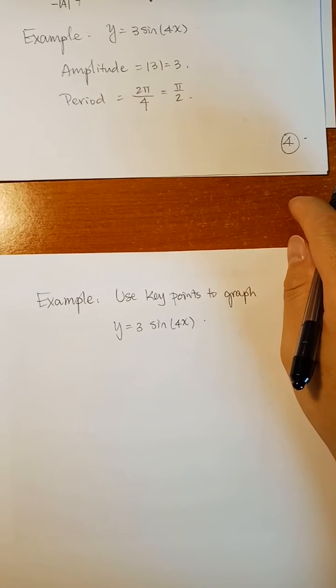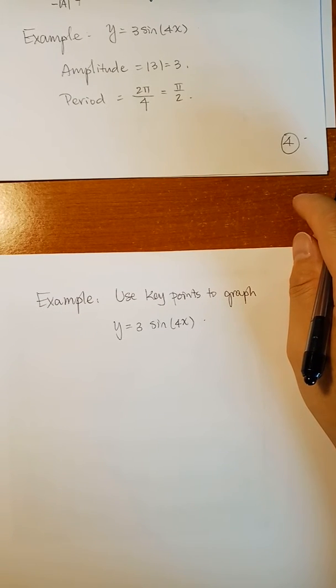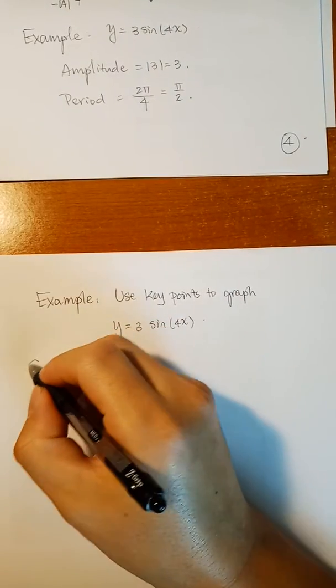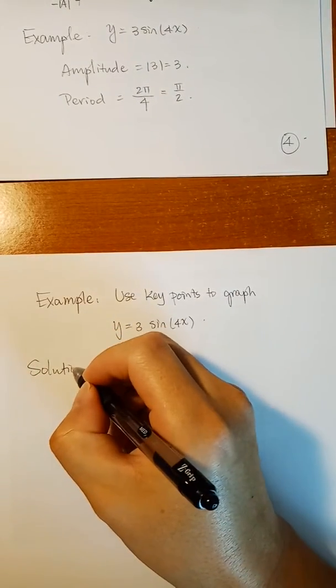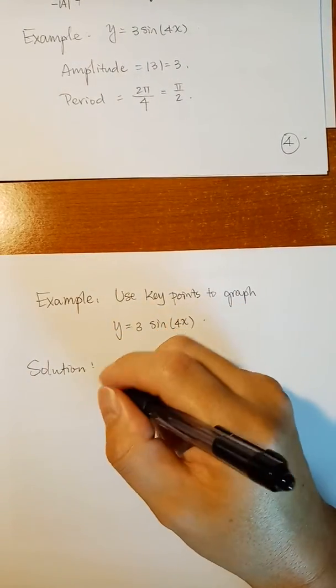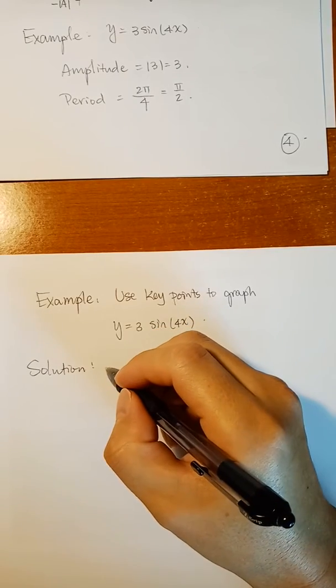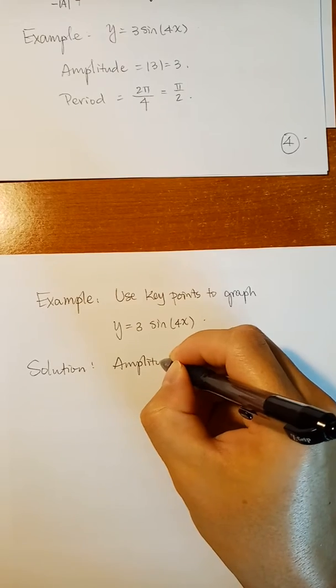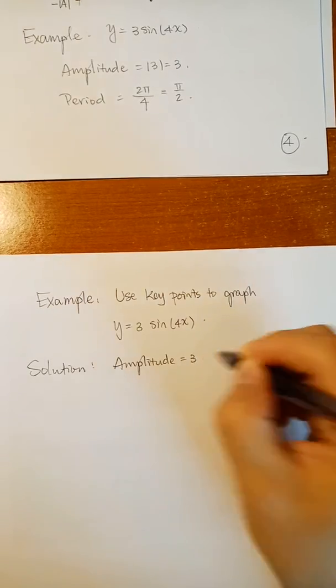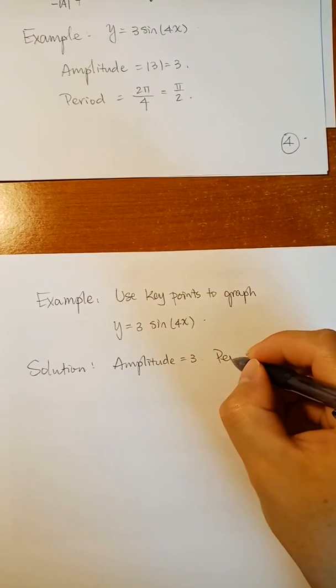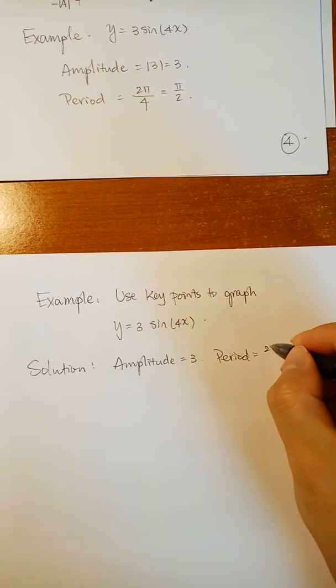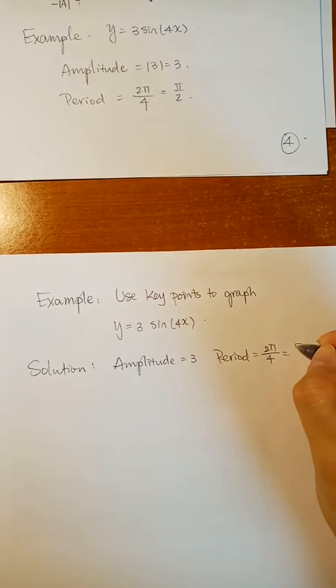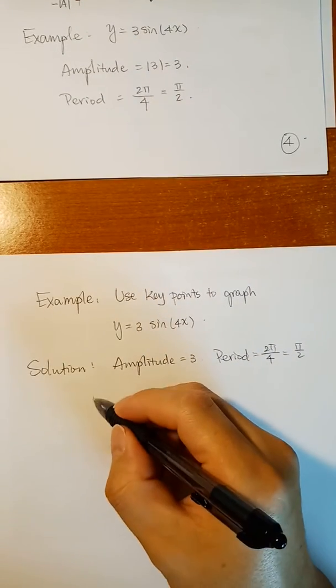So first, you know that the amplitude is equal to 3. The period, based on what we just discussed, is 2 pi over 4, which is pi over 2.